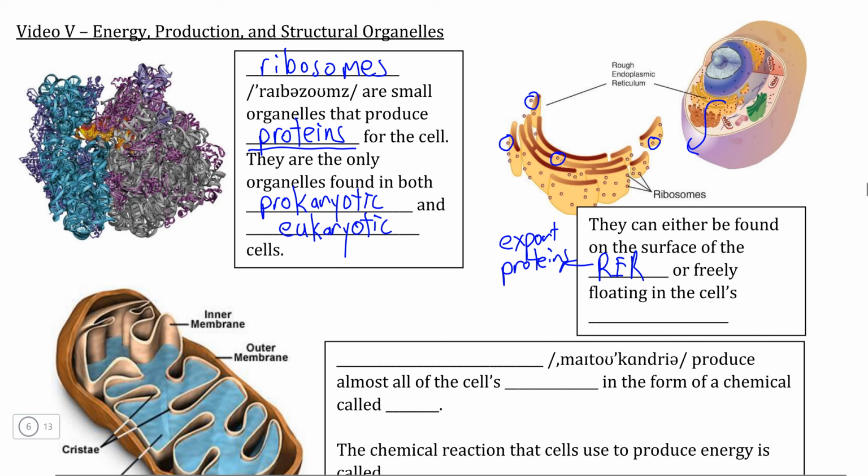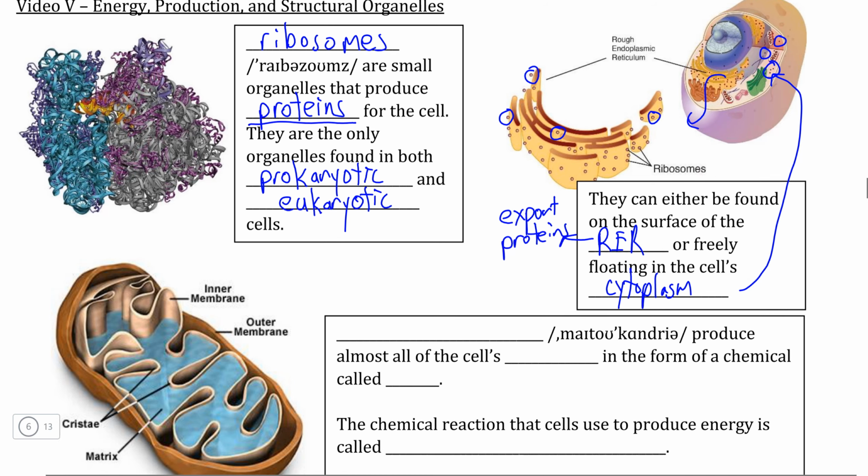However, in this cellular diagram here, we can see that there are actually individual ribosomes that are floating around in the cell's cytoplasm, and these are the ribosomes that are used to produce the proteins that are actually used within the cell because they are not tied to the cell's endomembrane system and therefore are not necessary for the purpose of exporting these proteins.